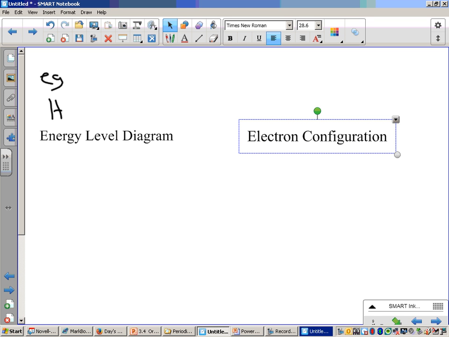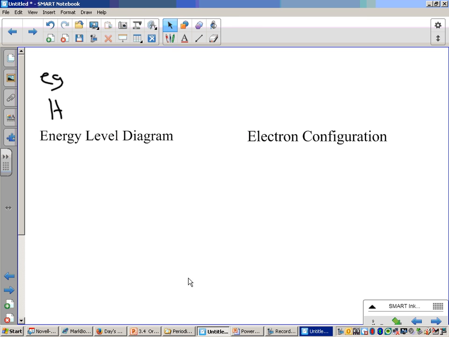All right, the energy level diagram. Hydrogen has one electron. What's the first orbital that we're going to fill? This is hopefully a really easy answer. What's the first orbital that we fill? 1s. Okay, 1s.